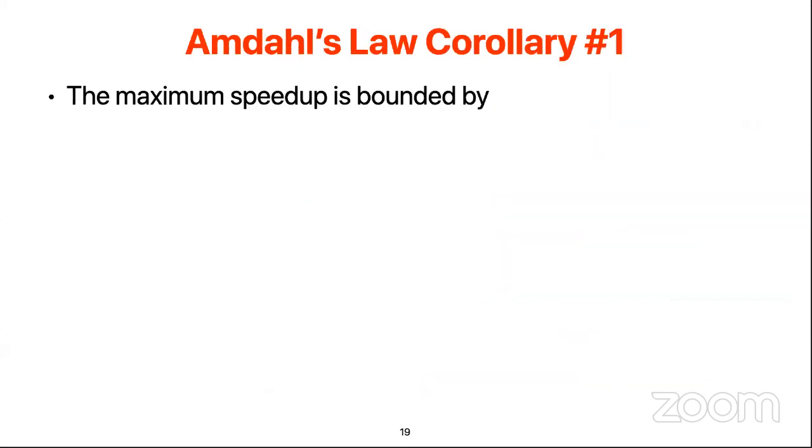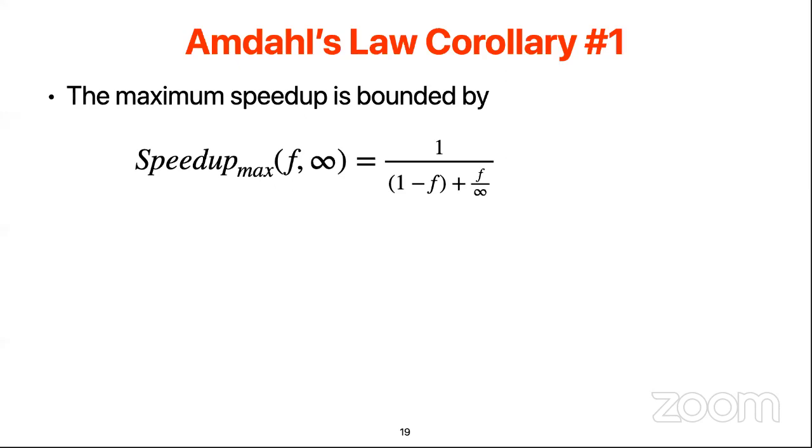But how do I know if I can really achieve the speed up? The good thing about Amdahl's law is that you can use it to calculate the maximum available speedup. Let's say you have a portion F that you can accelerate or modify, and we want to estimate by doing this modification what's the maximum effect that we can have.